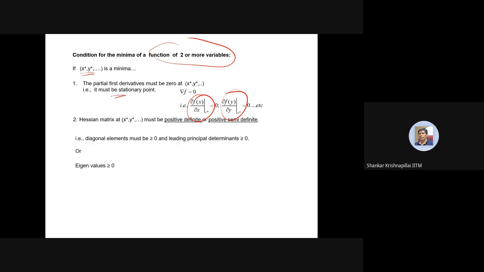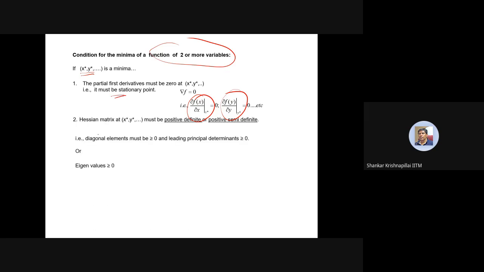The condition for minima of an objective function of two or more variables: if x star, y star is a minima, then the partial first derivatives must be equal to 0. That is, partial f by partial x and partial f by partial y at x star, y star should be equal to 0. In other words, it must be a stationary point.